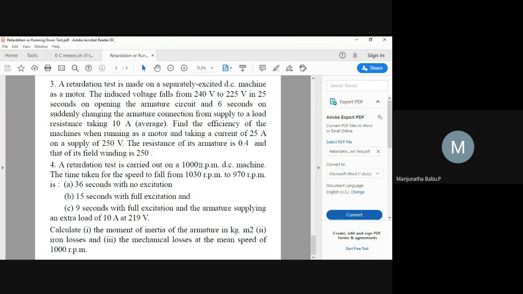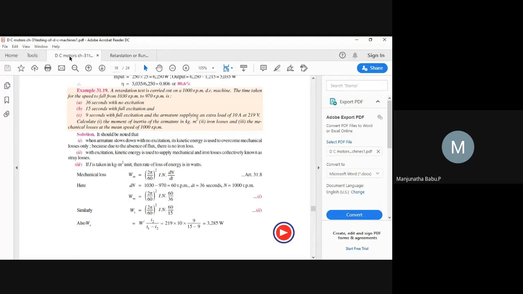Normal speed is 1000 RPM. Substitute that in the equation, say that as equation 1. That is W is equal to 2 pi by 60 whole square into I into dN by dt. There you are substituting for mechanical losses.